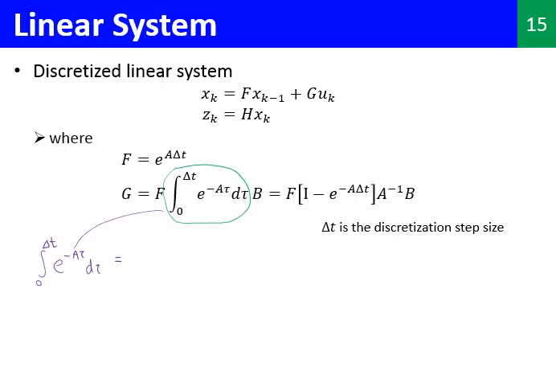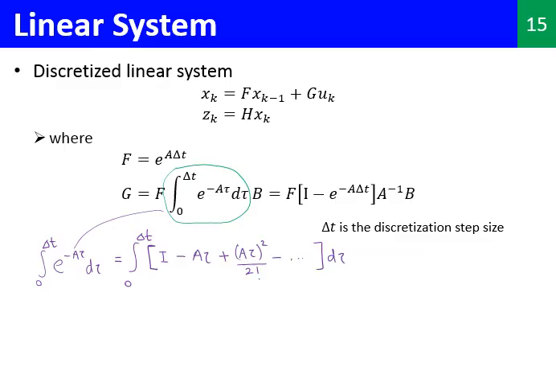Okay, so in the integration we have the matrix exponential, so that is I, and since we have minus A tau, the next term is going to be minus A tau plus A squared tau squared over 2 factorial minus and so on. Okay, d tau.